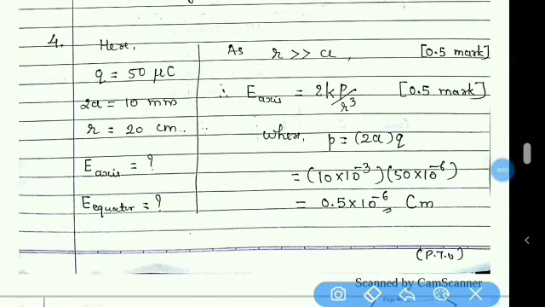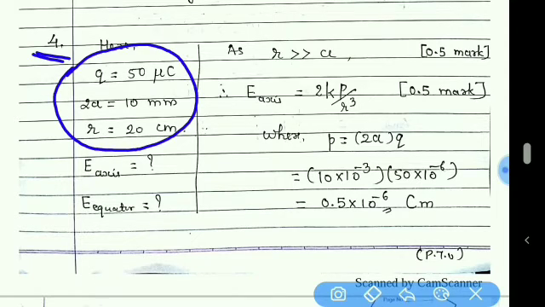Now example number 4. This example is similar to example number 1.10 of your textbook, only values are changed, rest of the things as it is. In this example of a dipole, we want to find the electric field on the axis as well as electric field on the equator.